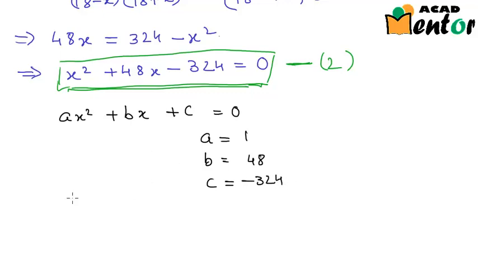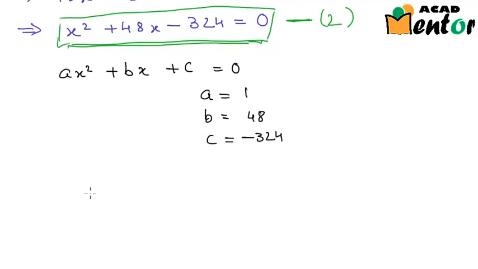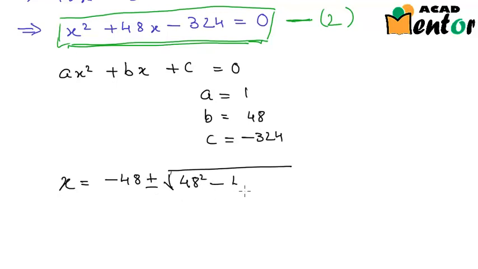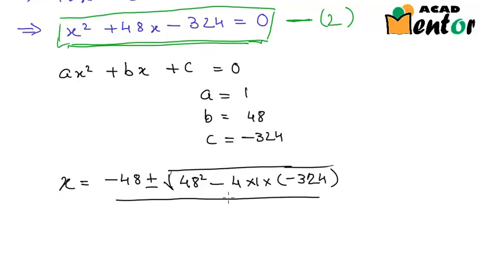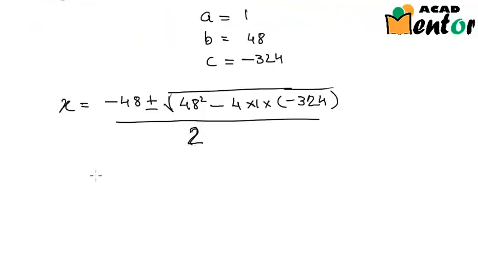Now we can easily find out the roots. The roots are given by x equal to minus b, or minus 48, plus minus under root of b square, that is 48 square minus 4ac. 4 into 1 into c. c is minus 324, and divided by 2a, and a is 1, so I will just have 2 in the denominator. So we can just easily solve this.